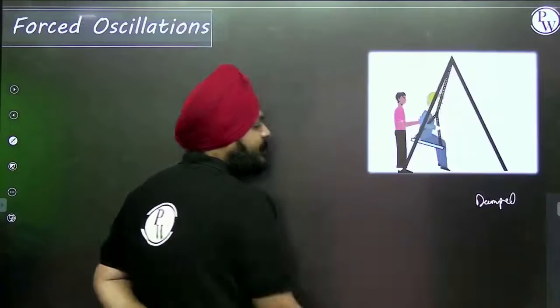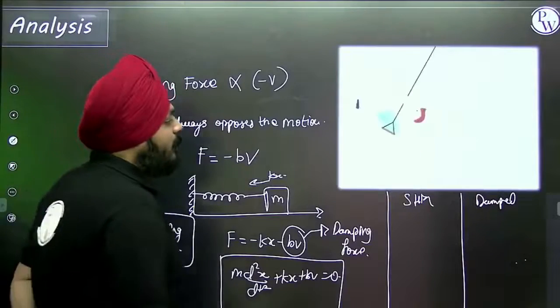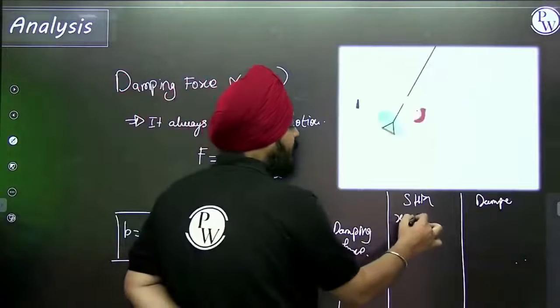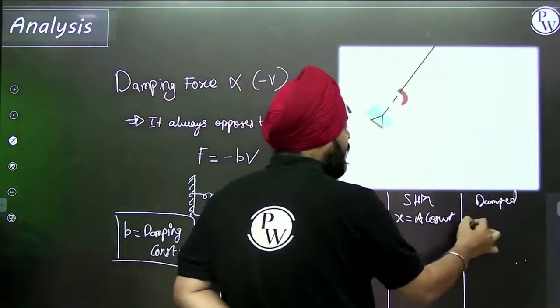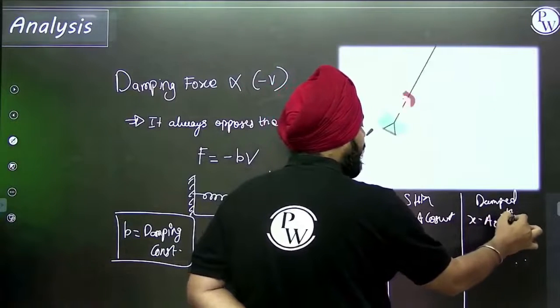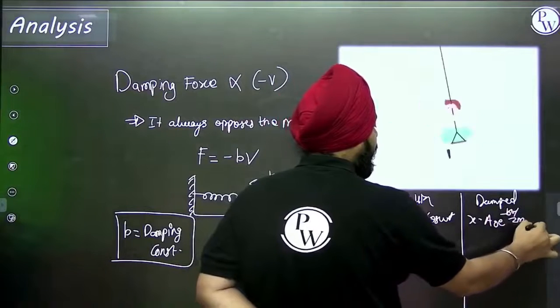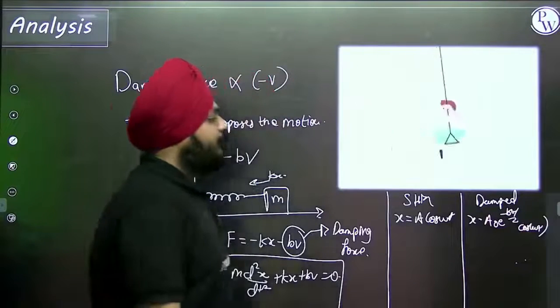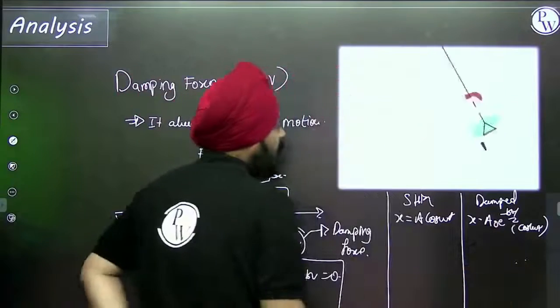In the equation of the SHM, x was a cos of omega t. In the damped oscillation, x is given as a0 e raised to minus bt by 2m, times cos of omega t. This is how the displacement is varying with respect to time.